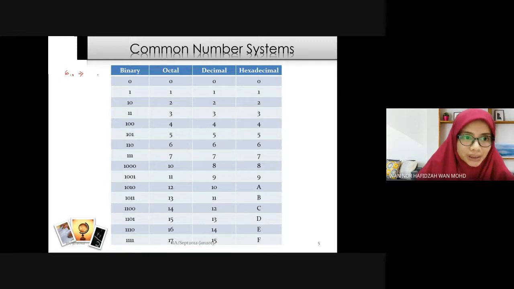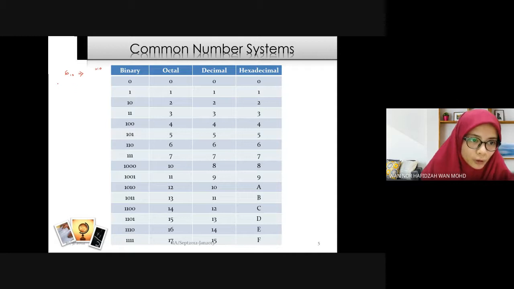For base 8, we have 3 bit binary. Why? Look, we have 0, 1, 2. Why do we say 3 bit only? Because we have only 3 bits for each of these octal numbers.